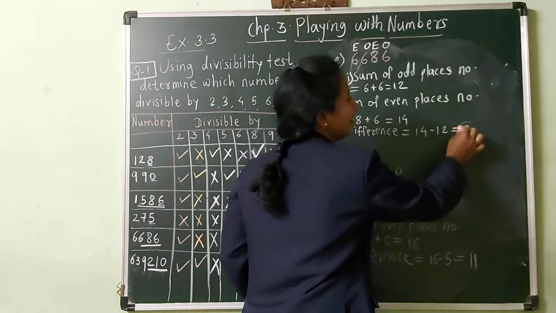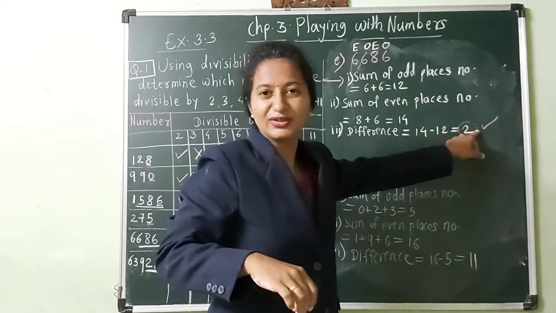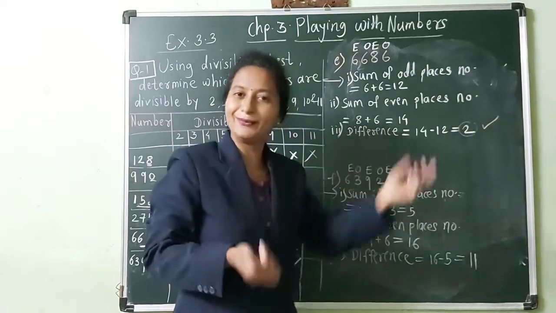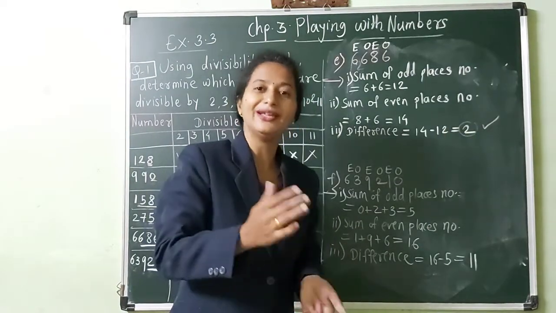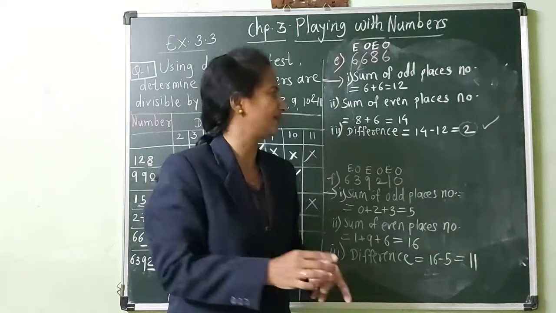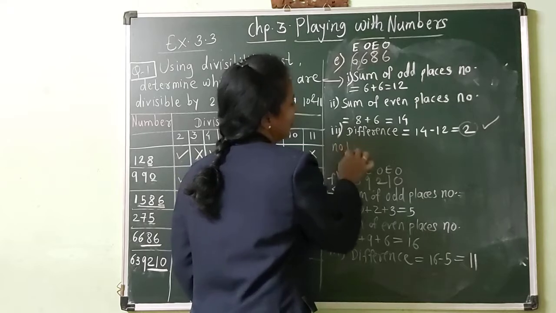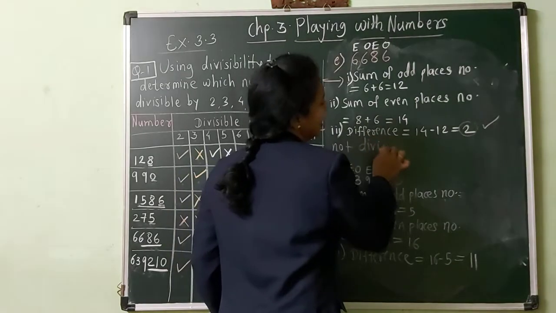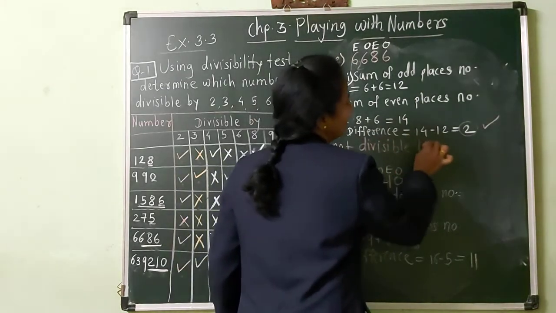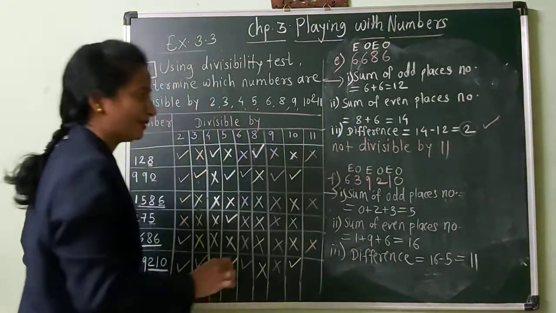What is the answer? Answer is 2. As per the rule, if you get 0 or a multiple of 11, which are the multiples of 11? Table of 11: 11 ones are 11, 11 twos are 22, like that. Here you got 2, so this number is not divisible by 11. So here we'll write that this number is not divisible by 11.